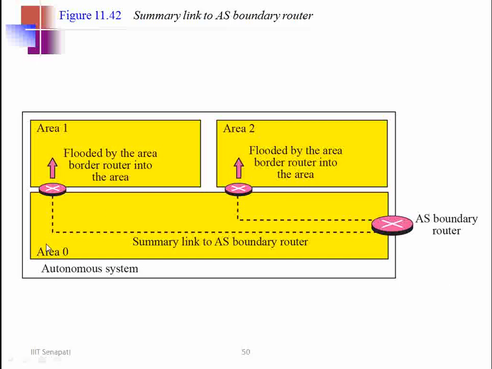These will flood with the information on how to reach this autonomous system boundary router. So the format was the same as you have already seen earlier. If a message can reach the network, it can be picked up by this AS boundary router.